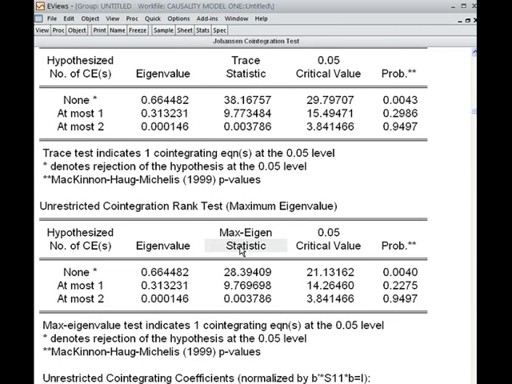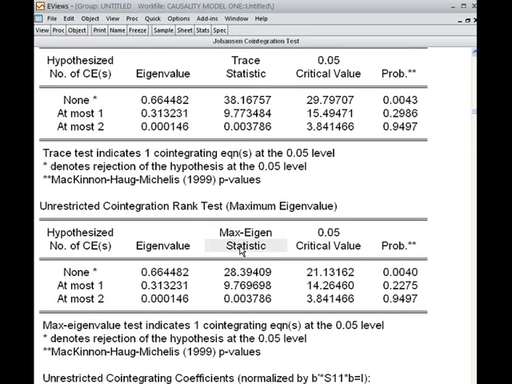It means that our three variables, such as the investment, GDP, and the rate of literacy, are cointegrated, or our three variables have long run association. Okay, and when the variables are cointegrated, then we can run the VECM model.